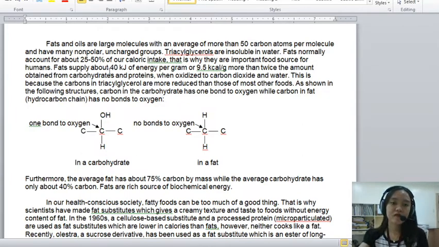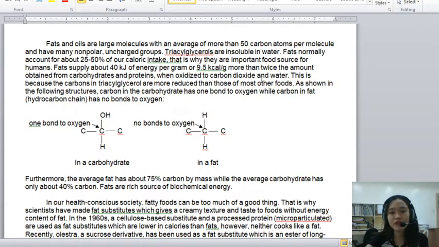Fats supply about 40 kilojoules of energy per gram or 9.5 kilocalories per gram, more than twice the amount obtained from your carbohydrates and protein. So, di ba, mas malaki yung energy na binibigay ng fats and oils sa human body compared sa carbohydrates and proteins.